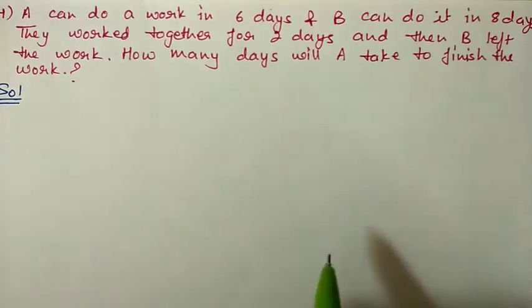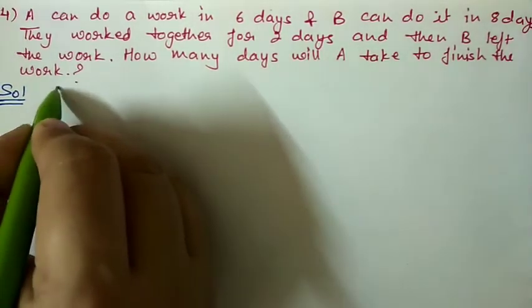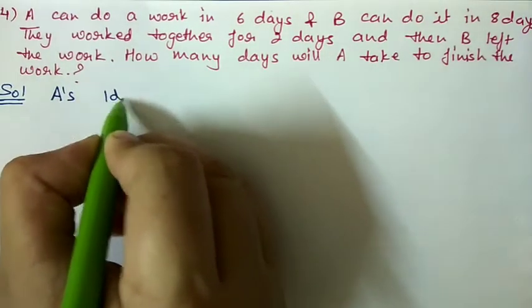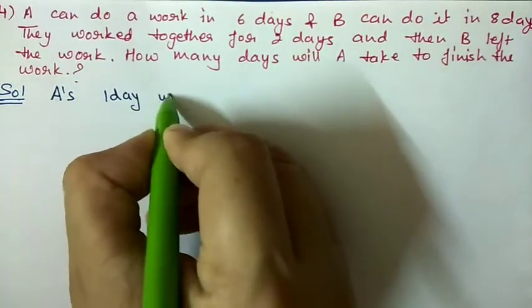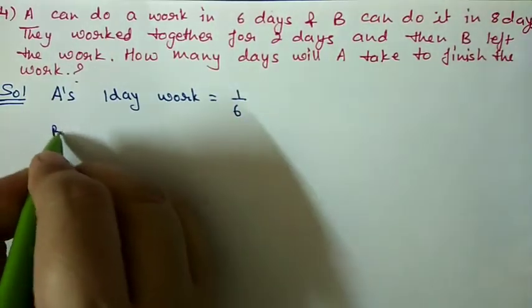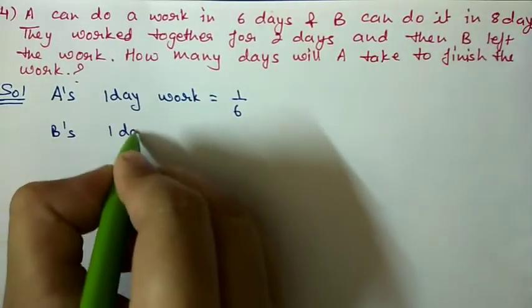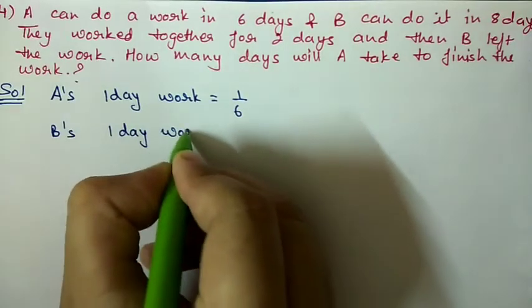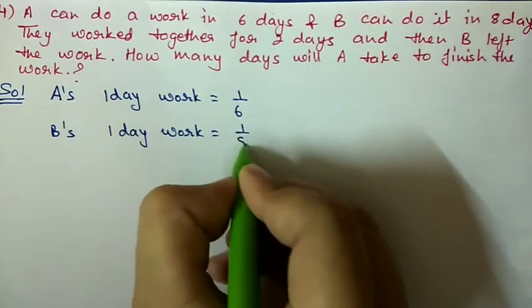A is taking 6 days, so A's 1 day work will be 1 by 6 and B's 1 day work will be 1 by 8.